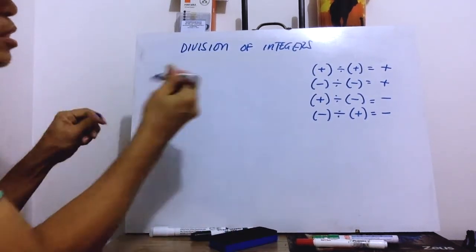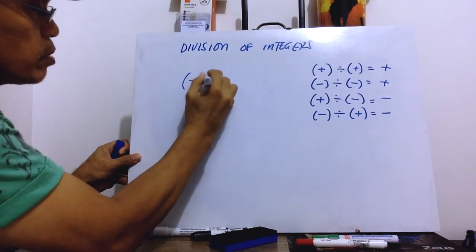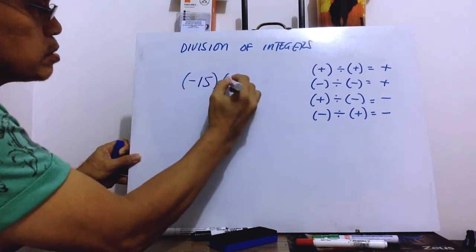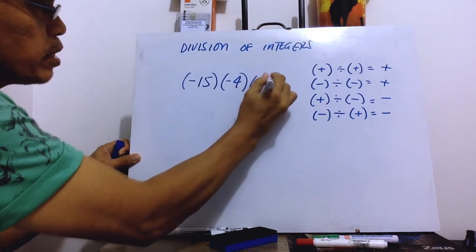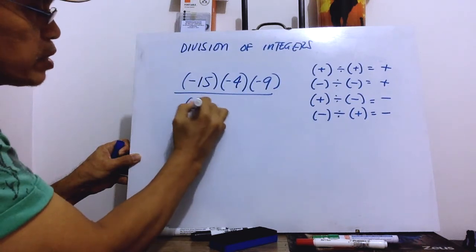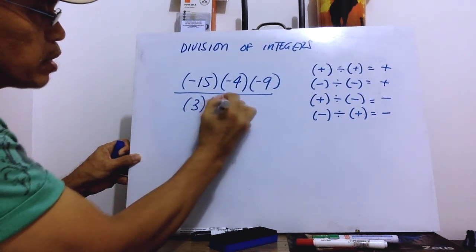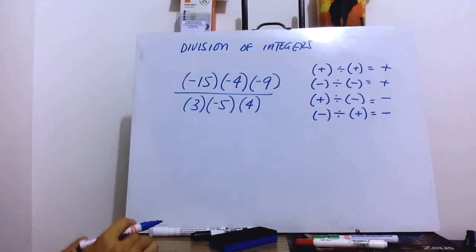Okay, how about this? Negative 15, negative 4, negative 9 all over 3, negative 5, and 4. How do we simplify that?